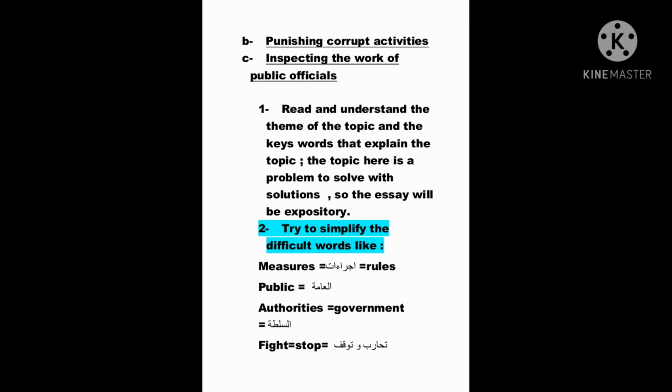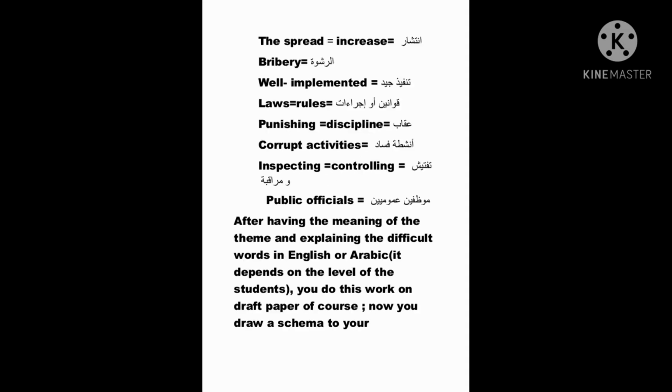So we need to understand these words either in English or in Arabic in order to use them correctly in your written expression. Clear? So your written expression has three parts: introduction, the body, or we call it development, then the conclusion. Clear? So we start with the first part after finishing with these words.